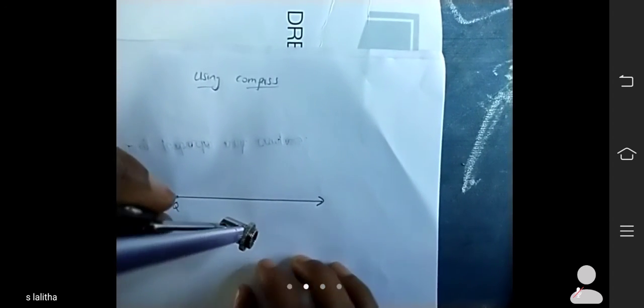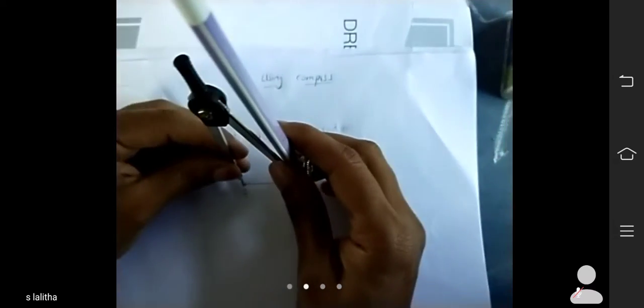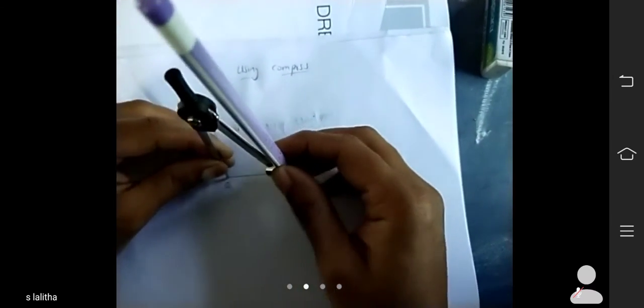On Q onwards, you have to draw an arc like this. Okay, like this you have to draw a full arc.